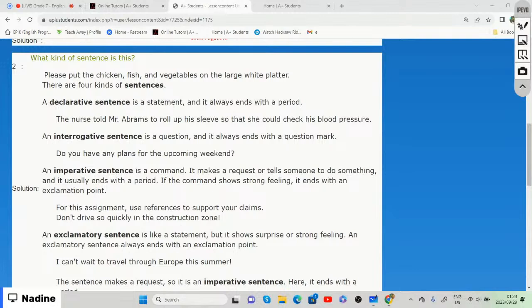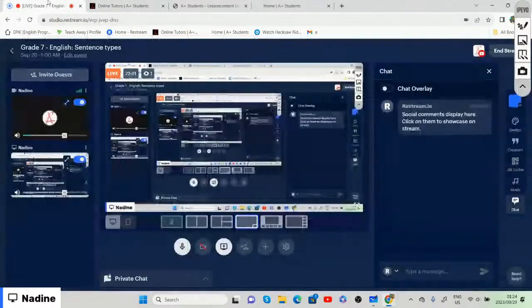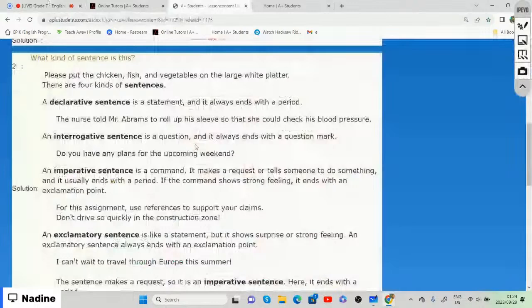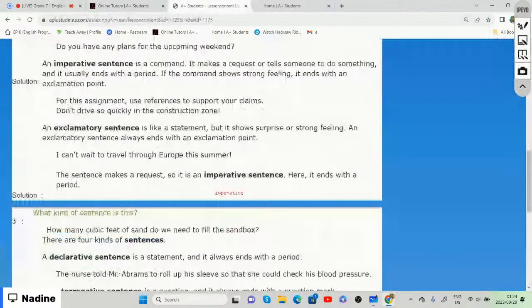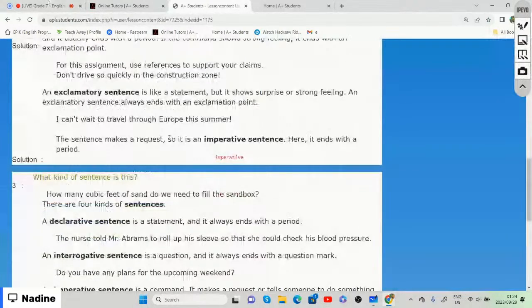It usually ends with a period, but if the command shows strong feelings, it ends with an exclamation point. So it's an imperative sentence because it is telling someone to do something.